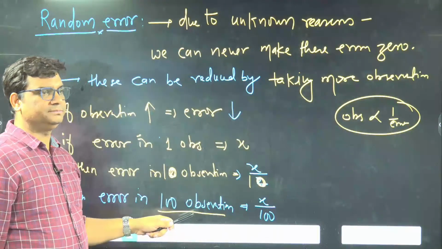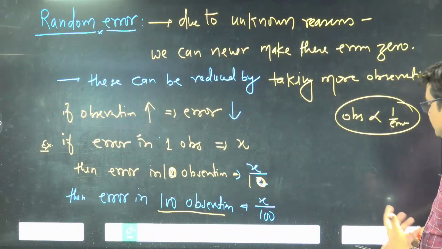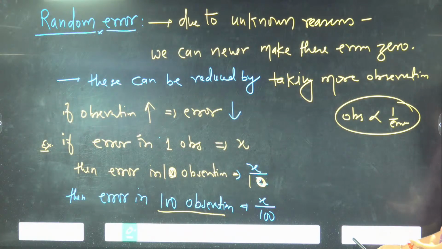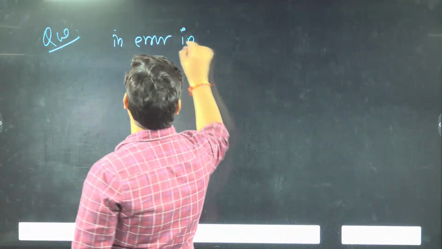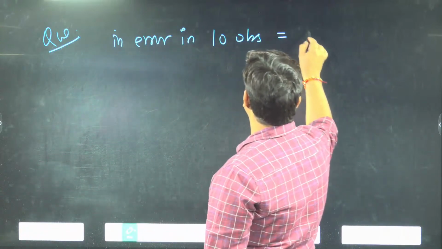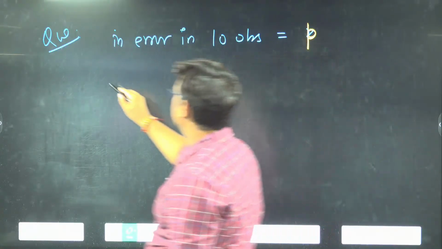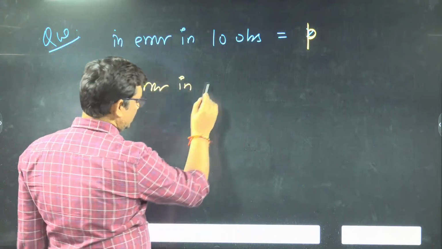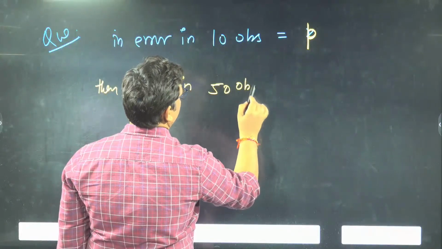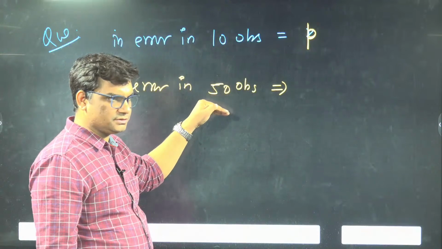Can you ask one more question? Okay, now I will be asking one more question on this. If the error in 10 observations is p, then error in 50 observations will be how much?